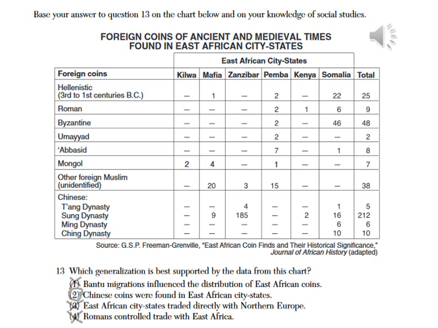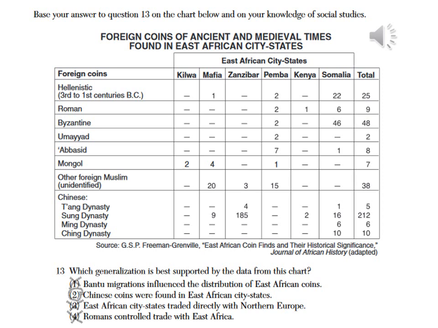I have a list of East African city-states. Right away you know that the answer number 2 is the right answer. Why? Because you have a list of dynasties, and you can see a number of coins which were found in these city-states. If you take a look at the bottom of the chart, number 1, it's talking about Bantu migration.